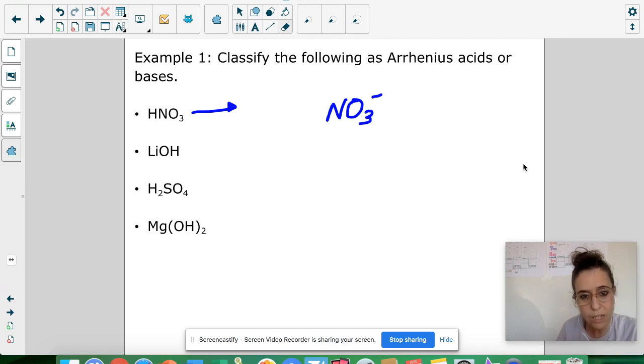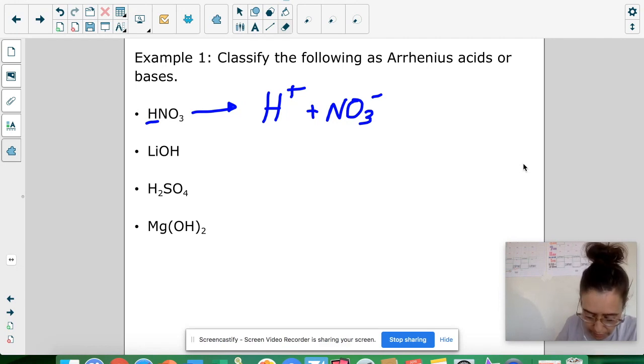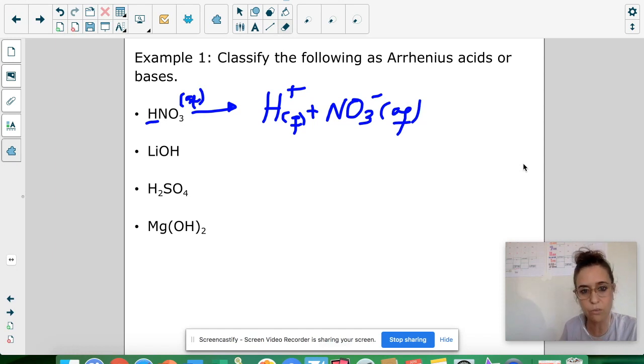So if you check this out, with NO3 negative, the only thing remaining to form this substance would be the hydrogen, so that is going to be the H plus, okay? Because this is a substance that breaks when it's dissolved in water, you would have to write here aqueous, because that determines that the substance was dissolved in the water and it broke into the corresponding ions, okay, aqueous.